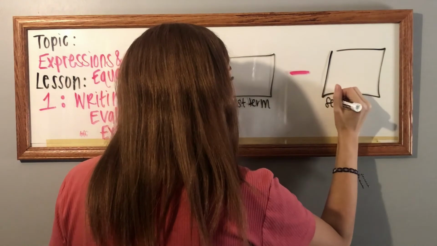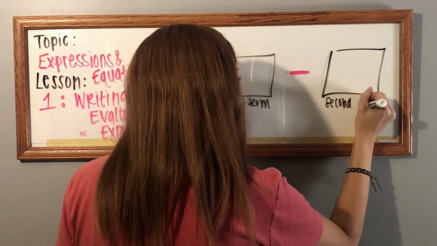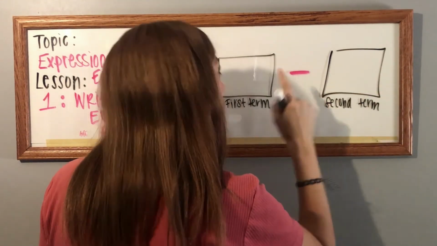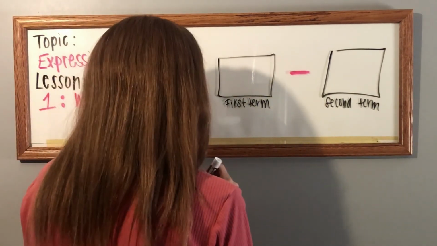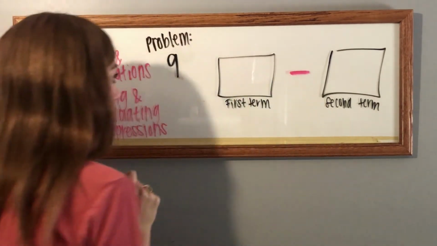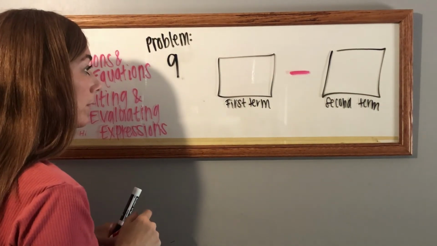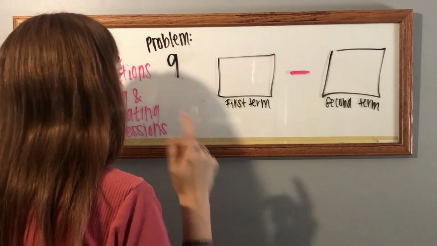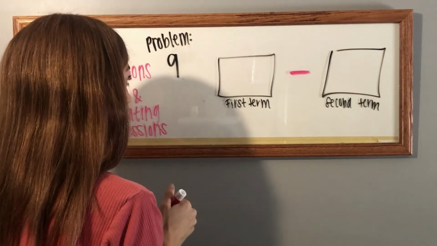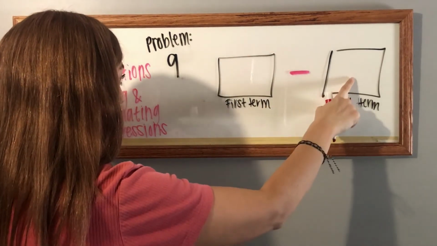So in my head, whenever I see that subtraction, the first thing I'm thinking is: am I subtracting from this number, or am I going to subtract from my first number? I'm going to think about that constant number, that 9, and I know it says then subtract 9. That's going to be my second term.